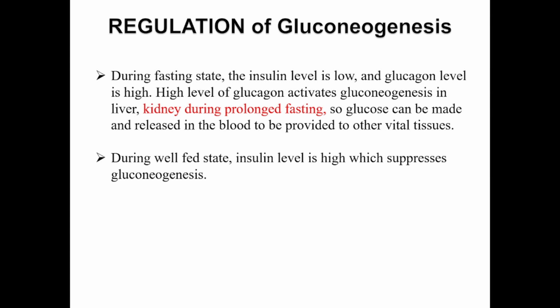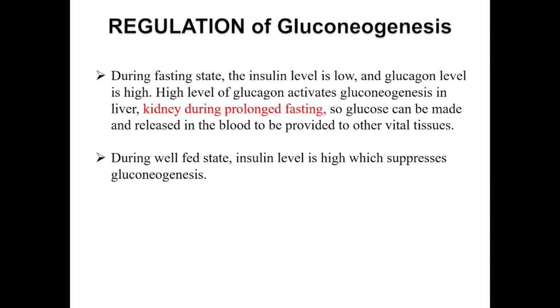The question is, from where will we get this source of non-carbohydrate? First, lactate. We have a lot of RBCs in our body. They always work anaerobically, so RBCs are always producing lactate. This lactate will go to the liver. The liver will convert the lactate to pyruvate and then to glucose, and will release the glucose back to the RBCs.